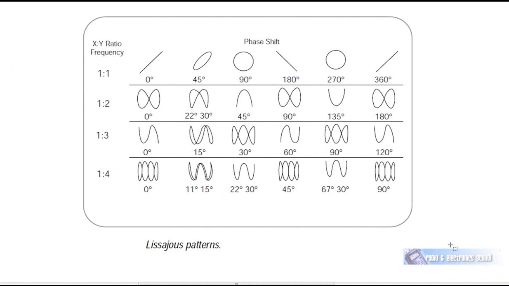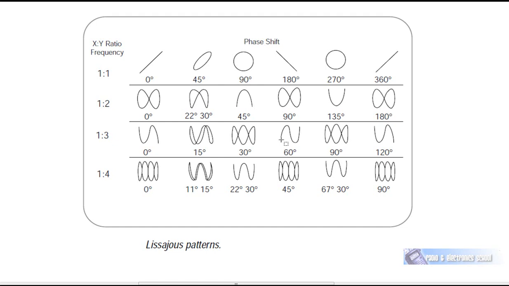Just as a matter of interest only, because you will not be assessed on this, if you were to feed 2 sine waves to an oscilloscope that has a horizontal input and a vertical input, X and Y axes, instead of one signal, the two of them mix together to produce what's known as Lissajous patterns.